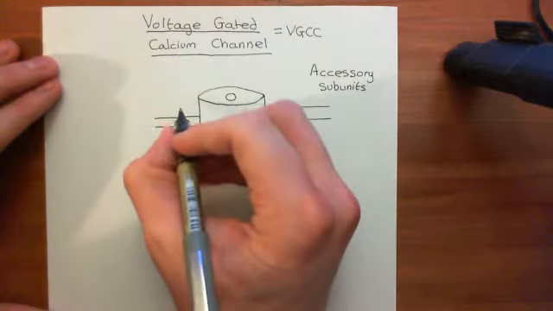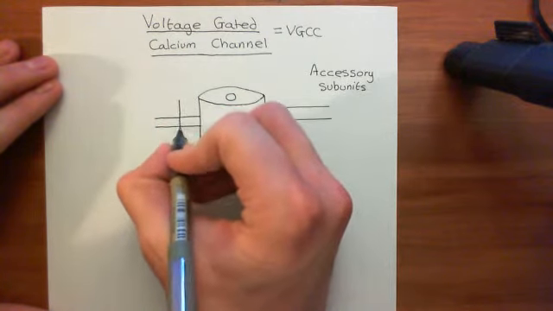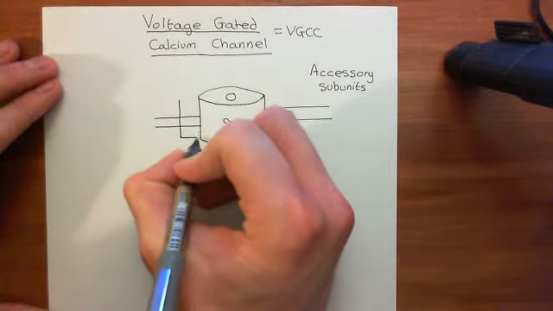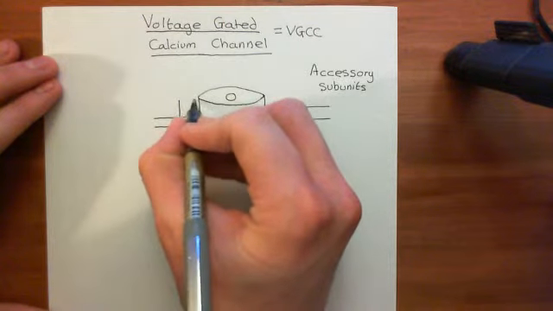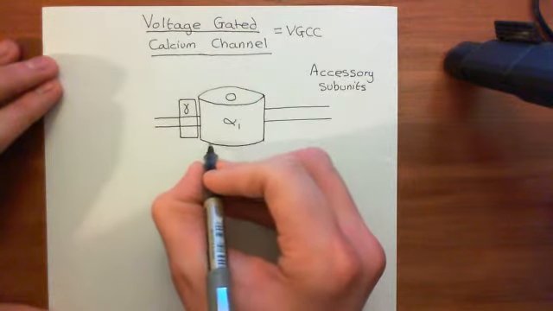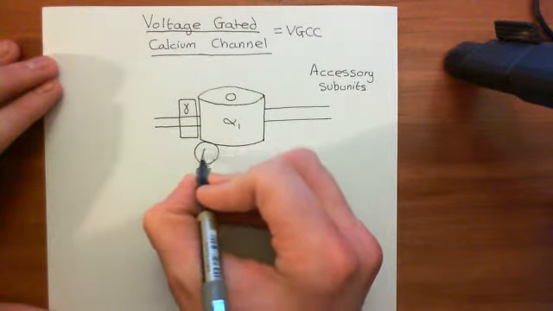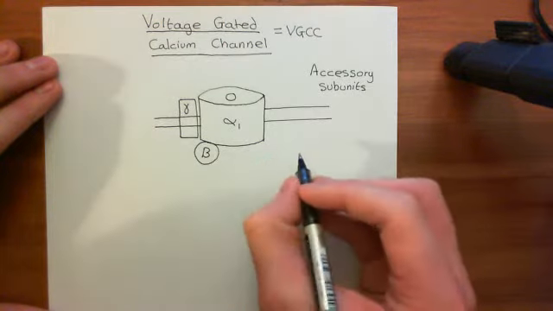So let's see these accessory subunits. Sitting alongside the alpha-1 subunit here, we have a subunit called the gamma subunit, and we'll come back to that in a moment. Attached to the intracellular aspect of the alpha-1 subunit, we have a subunit called the beta subunit.